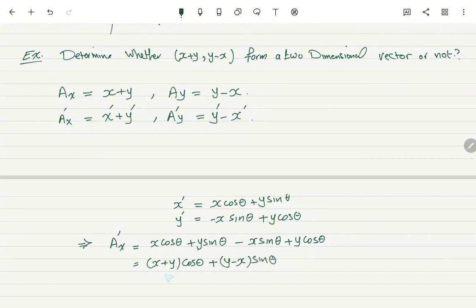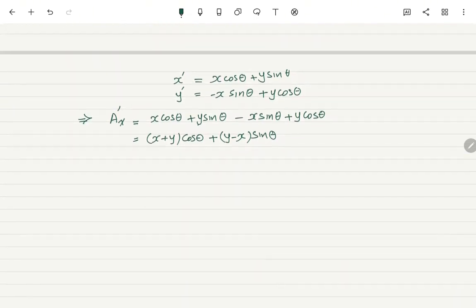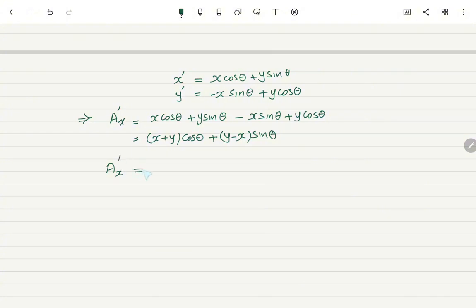Therefore, this one here is actually ax and this one here is actually ay. So ax prime equal to ax cosine theta plus ay sine theta.